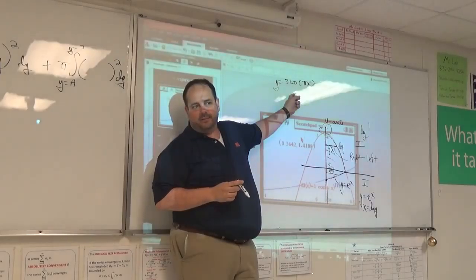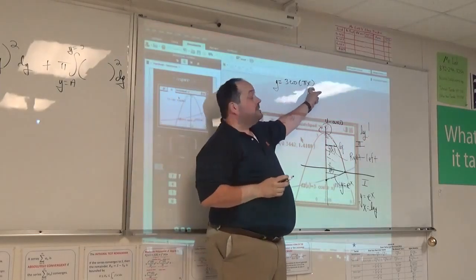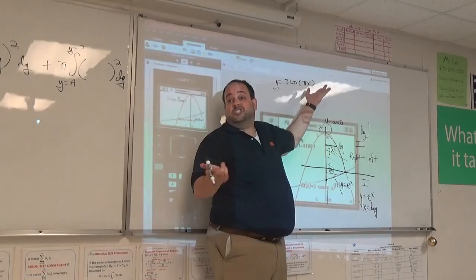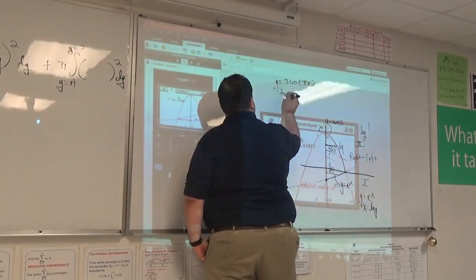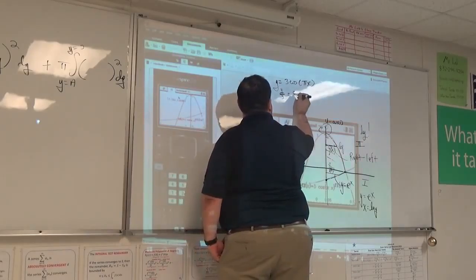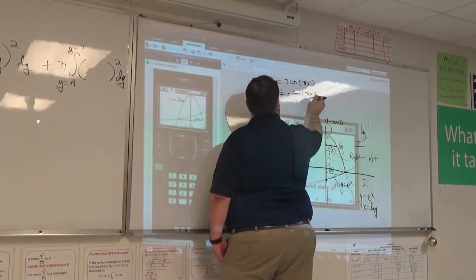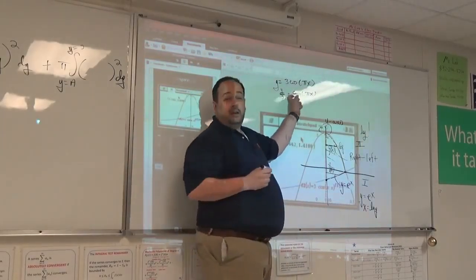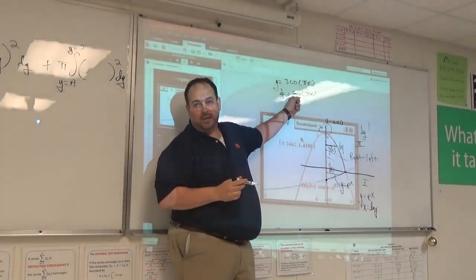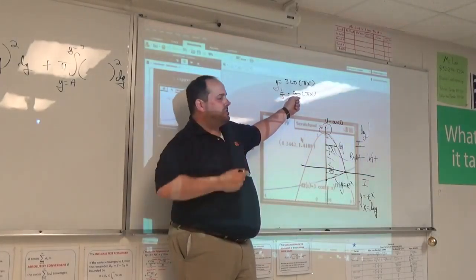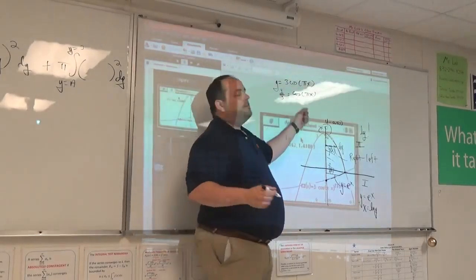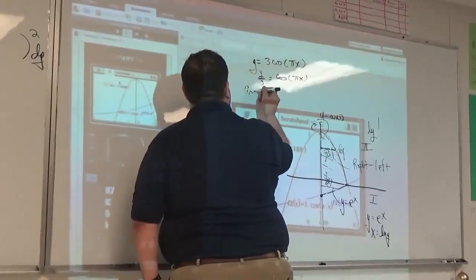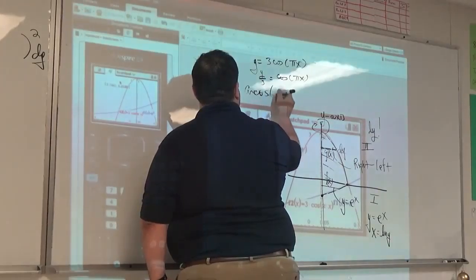So what's the plan? Solve for x. This used to be the hard stuff too. We're going to divide by 3. So y over 3 equals cosine pi x. To get rid of cosine, what's the inverse of cosine? Arc cosine. Even if you don't know what the arc cosine is, just make sure you can write it.